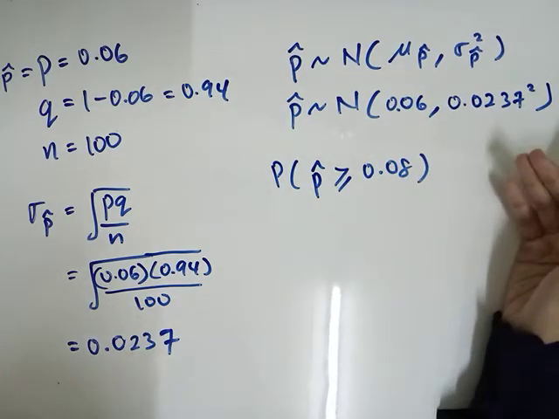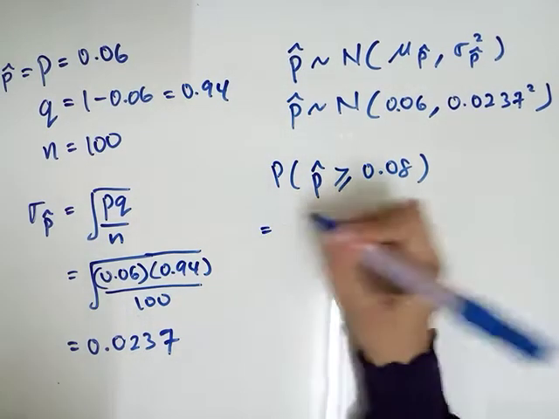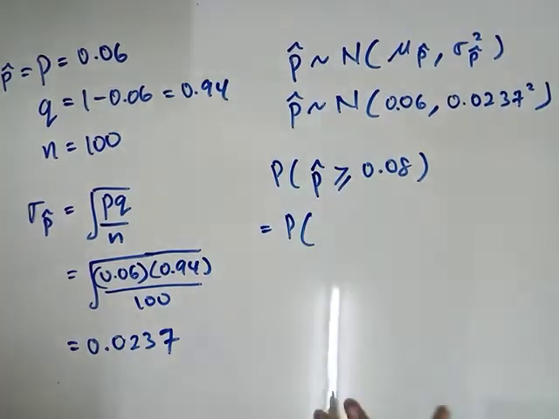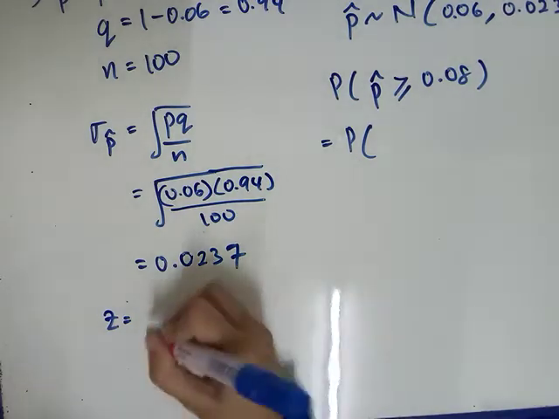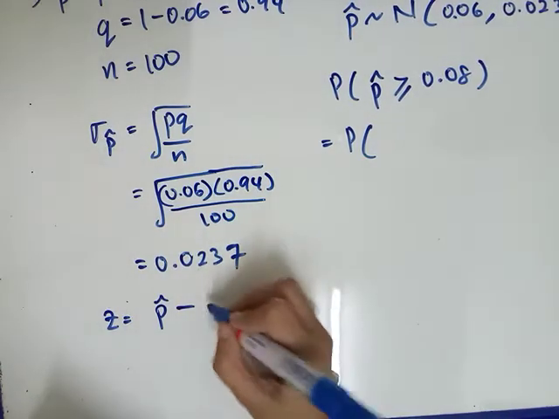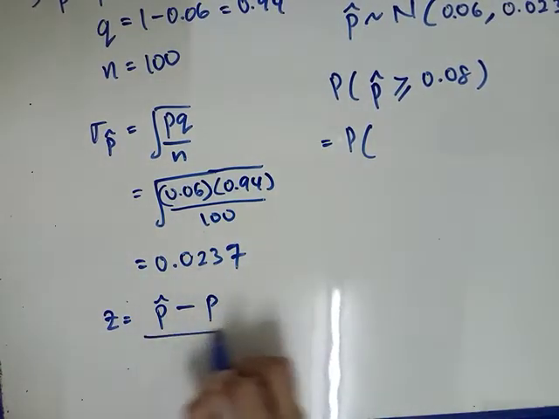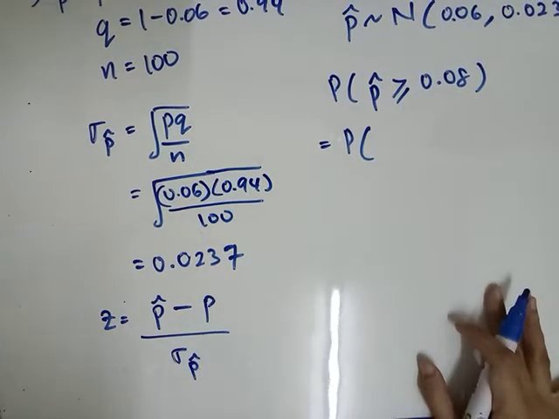Okay, more than 0.08. And then by using formula Z, Z is equal to sample proportion minus population proportion divided by the standard deviation of the sample proportion.